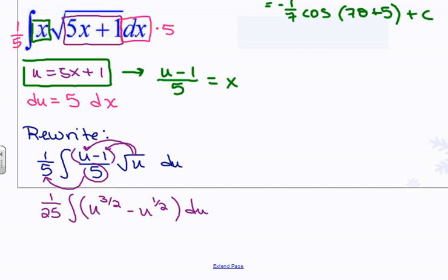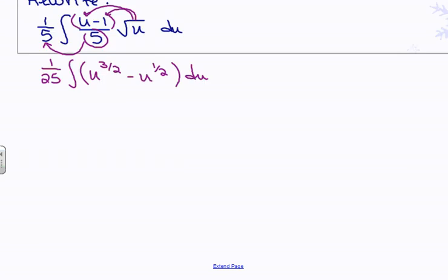Okay, and now you see we have a problem in which we know how to take the antiderivative. So we'll go ahead and do that. So we have 1/25 out in front. And now for our antiderivative, we're going to have u to the 5/2, and then we'll divide by 5/2.